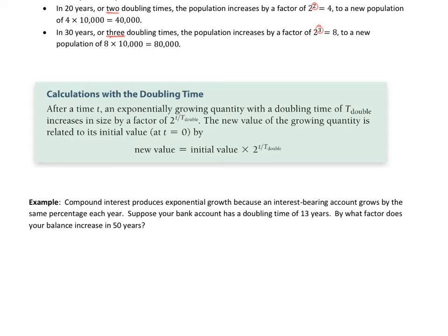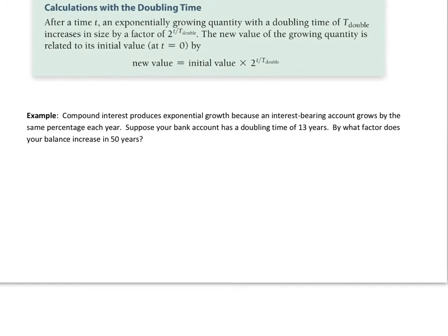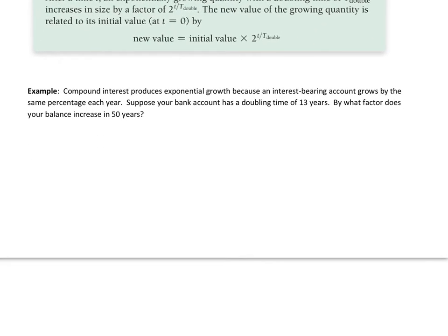We have compound interest that produces exponential growth, because an interest-bearing account grows by the same percentage each year. Suppose your bank account has a doubling time of 13 years. By what factor does your balance increase in 50 years? To figure out the growth factor, I want to point out where that is in the equation we just looked at.